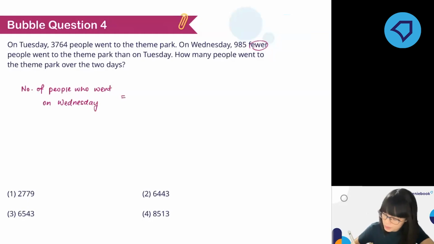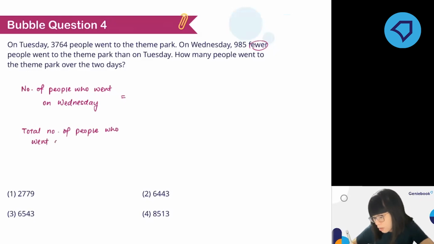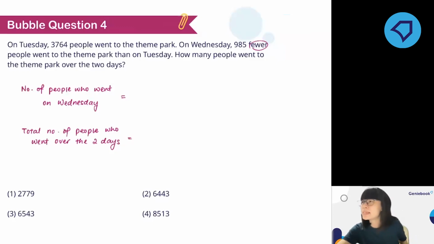And then you need to find the total number of people who went over the 2 days. Okay, all right, so let me take a look over here, and the majority of you got the correct answer. Well done. A handful of you gave me option number 1. If you gave me option number 1, you're missing one more step.